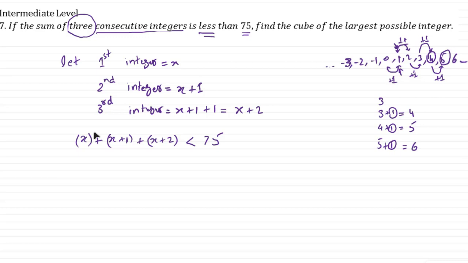Now adding x plus x plus x, it will become 3x. And 1 plus 2, 3, less than 75. 3x less than 75 minus 3.